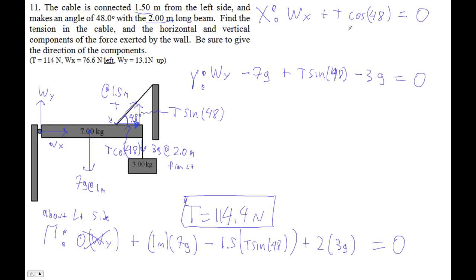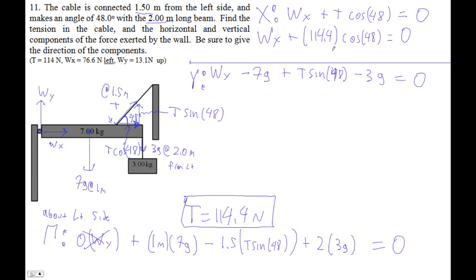All right, now we can plug that in here. So the wall in the x direction plus 114.4 cos 48 is 0.